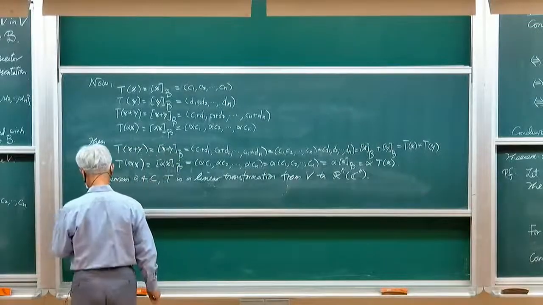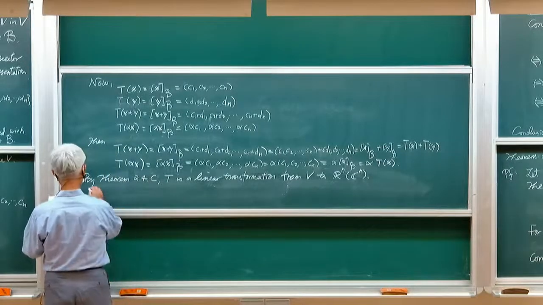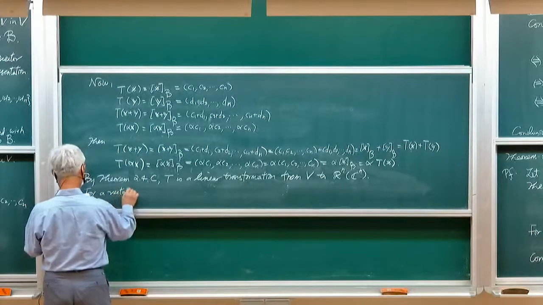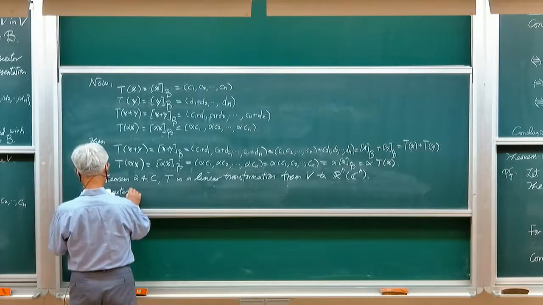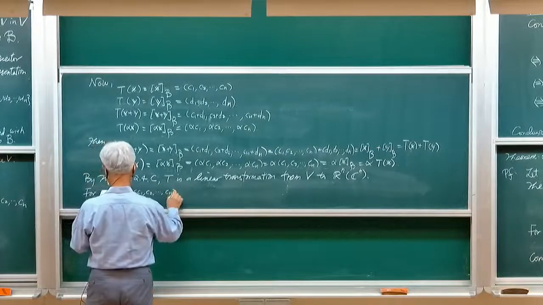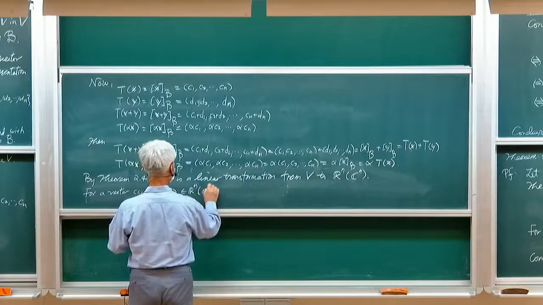Okay? So to show that it's onto, we consider a vector c1, c2 up to cn in the Euclidean space, right?